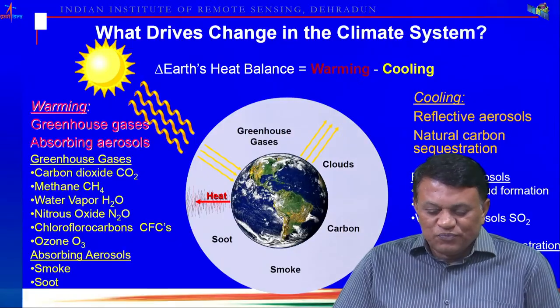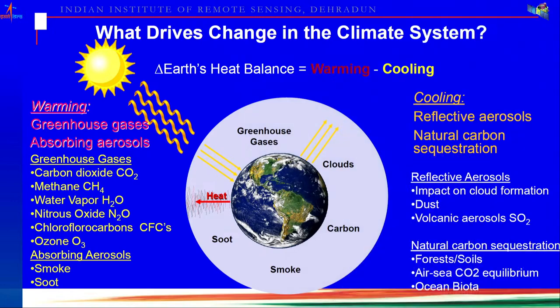Let us understand how this climate change happens, or what drives changes in the climate system. Mainly, the sun is the source of energy for various physical processes at the earth's surface. There is an atmosphere comprising different gases.